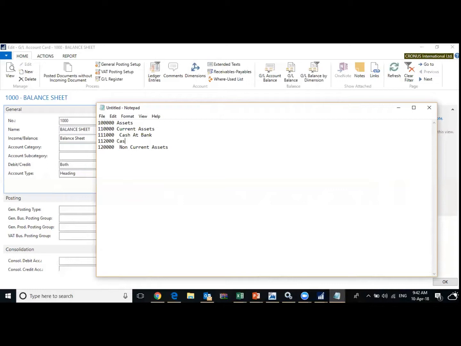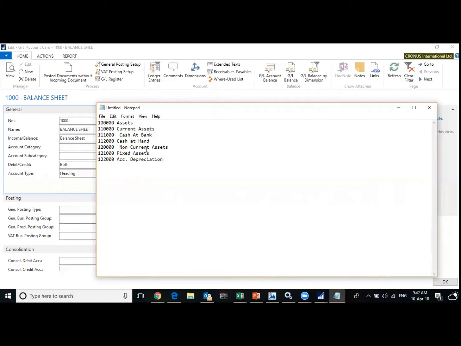I have my cash at hand. Okay. Then in the non-current assets, I have my 121000. I have my fixed assets, and so on and so forth. So I will say that 122000. I have my accumulated depreciation. Okay, so on and so forth.